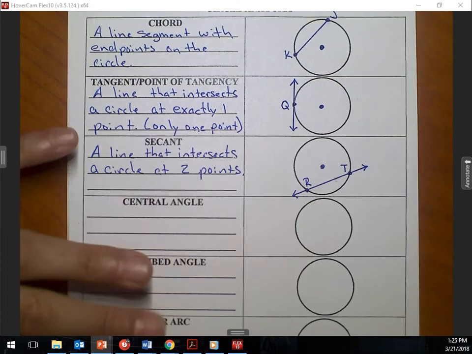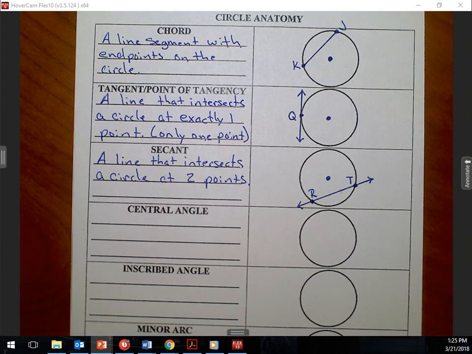Now, what's the difference between a secant and a chord? Okay, so yes, that is true. Anything else? A chord has endpoints, a secant doesn't. Very good, that's exactly what I'm looking for.